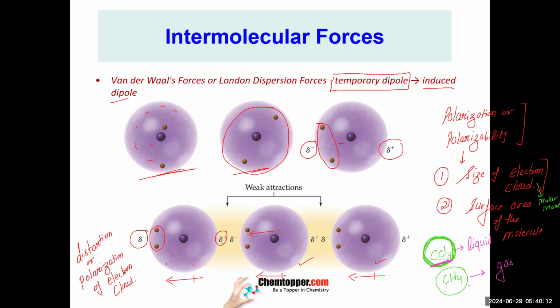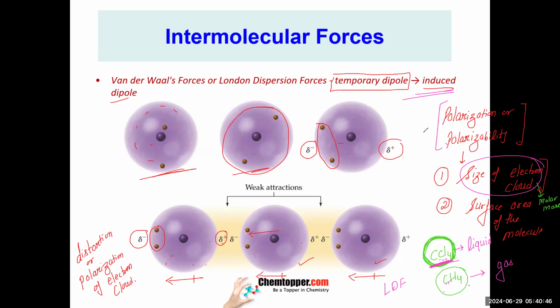Then both of them are with LDF, London dispersion forces, induced dipole, temporary dipoles, which depends on how big the electron cloud is in that molecule. Okay, so which one has stronger LDF? CCl4. Because of the big electron cloud, which is easily polarizable.